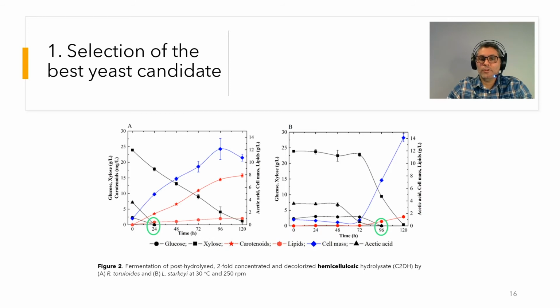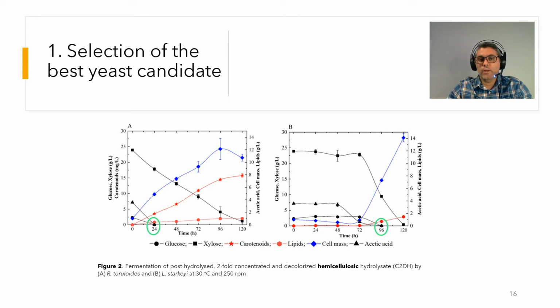When the hemicellulosic hydrolysate was used, both yeasts presented different fermentation performances. Glucose and acetic acid, for example, were completely metabolized by Rhodosporidium within 24 hours, while 96 hours were needed for the consumption of both carbon sources by Lipomyces.